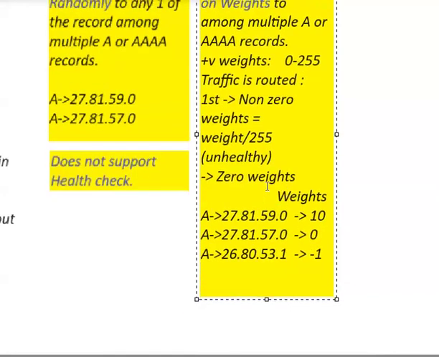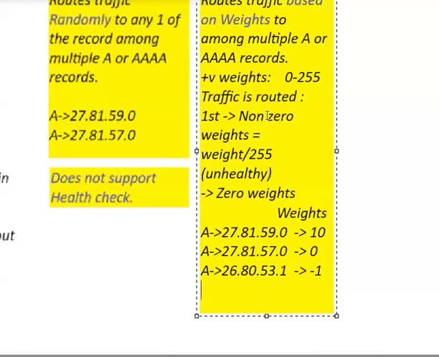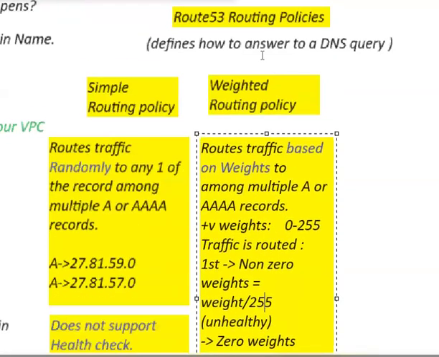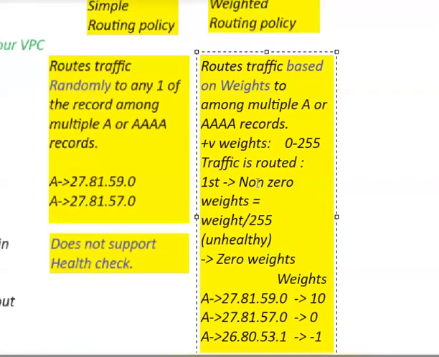And whenever all your non-zero weight records, positive or negative, become unhealthy, only then will your request be routed to the zero weighted record. Let's say these two become unhealthy, then your request will be sent to this IP address, and you get the response from this IP address. So this is how the routing happens in the weighted routing policy.